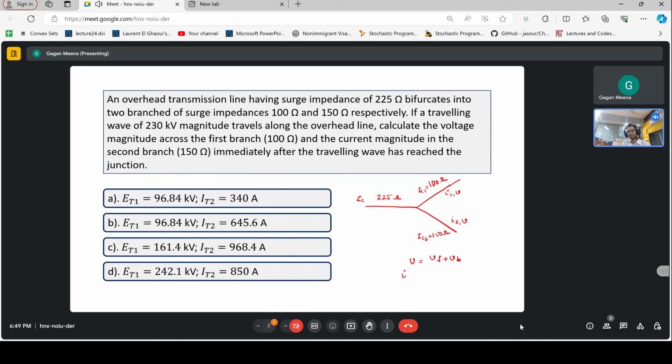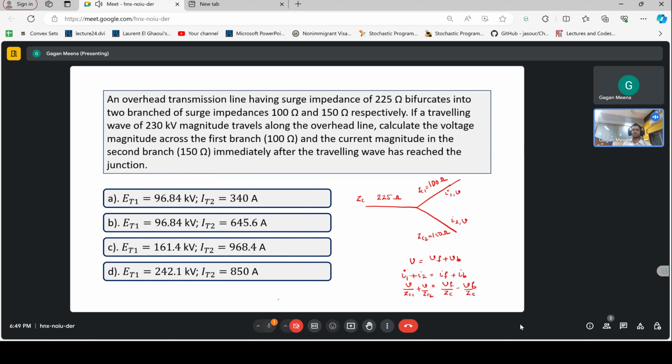This is V into ZC1, this is Vf minus Vb multiplied by ZC here. Similarly, again you can add these two and you can find out tau.